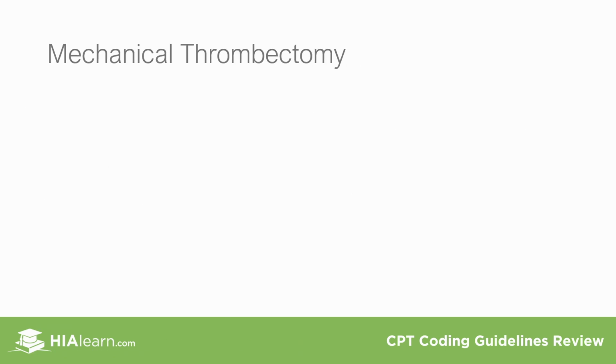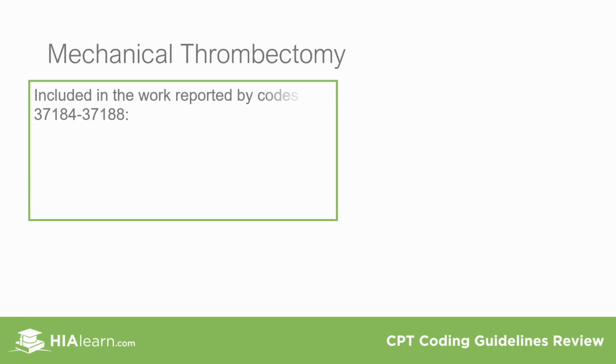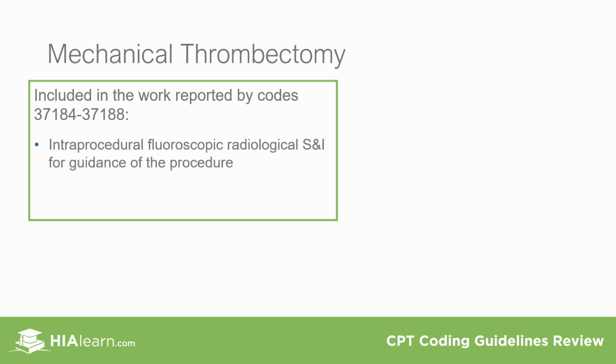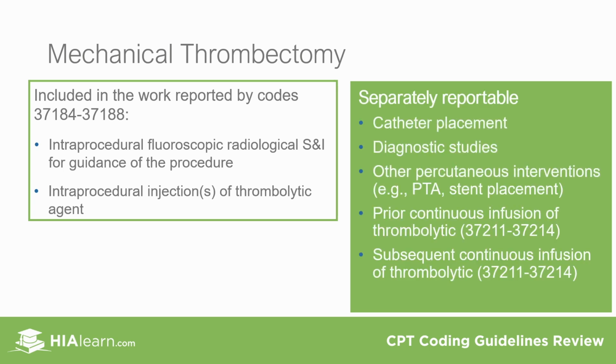Mechanical thrombectomy is reported with codes from the range of 37184 to 37188. These procedures include intraprocedural fluoroscopic radiological supervision and interpretation and intraprocedural injection of thrombolytic agents. Placement of catheters should also be reported.